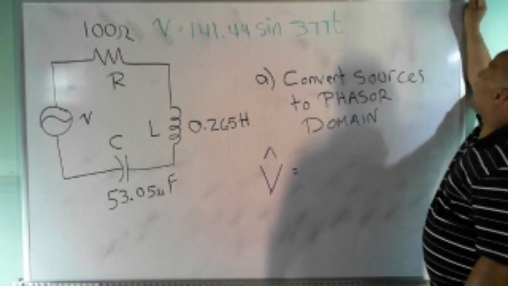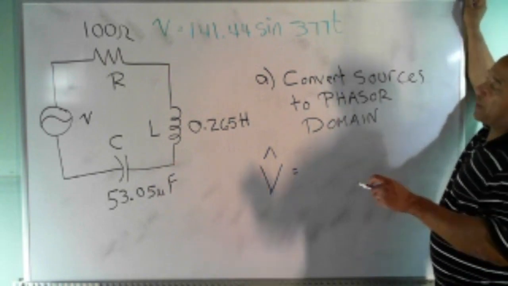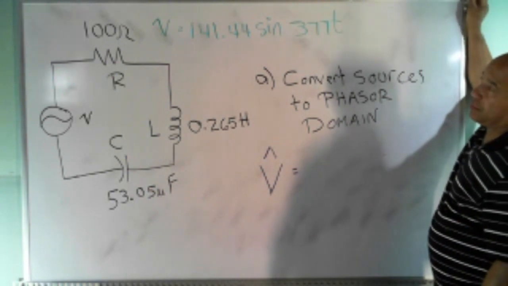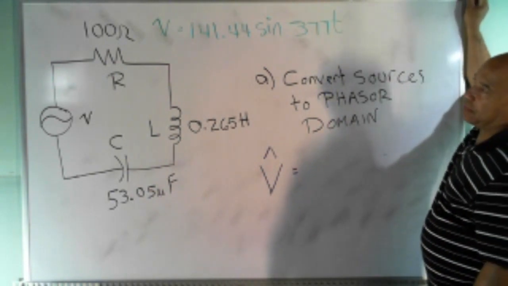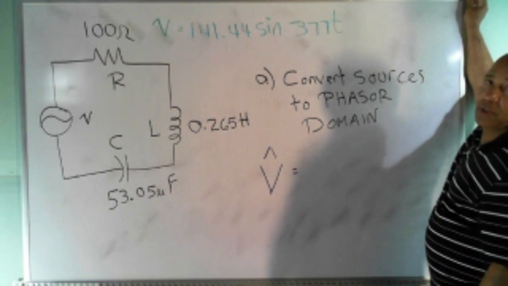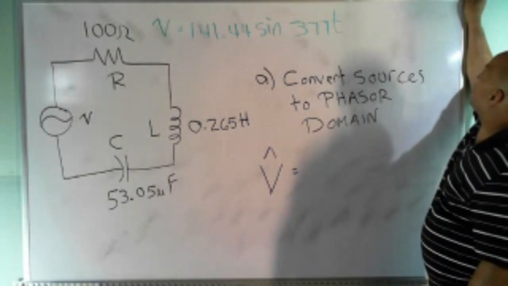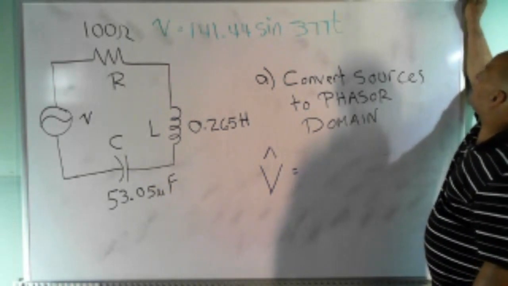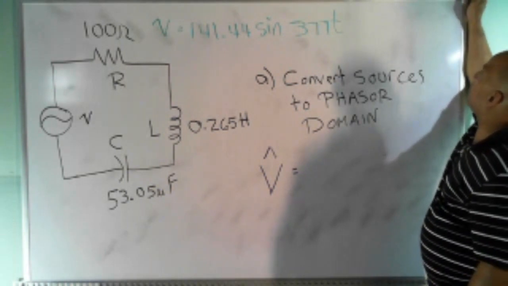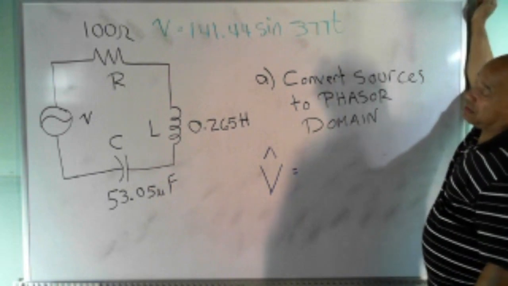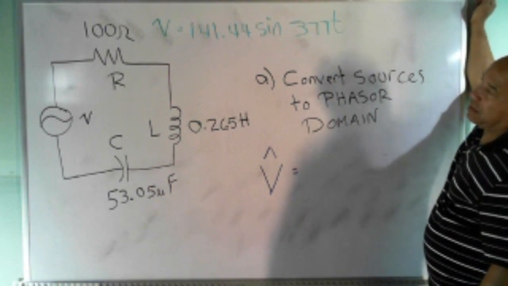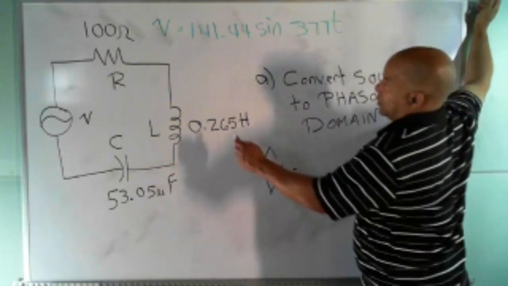Or if you don't know, how do you convert from time domain to phasor domain? We did three or four of these. How do you convert it to a phasor? I take this as my peak value. Go ahead, what'd you get?